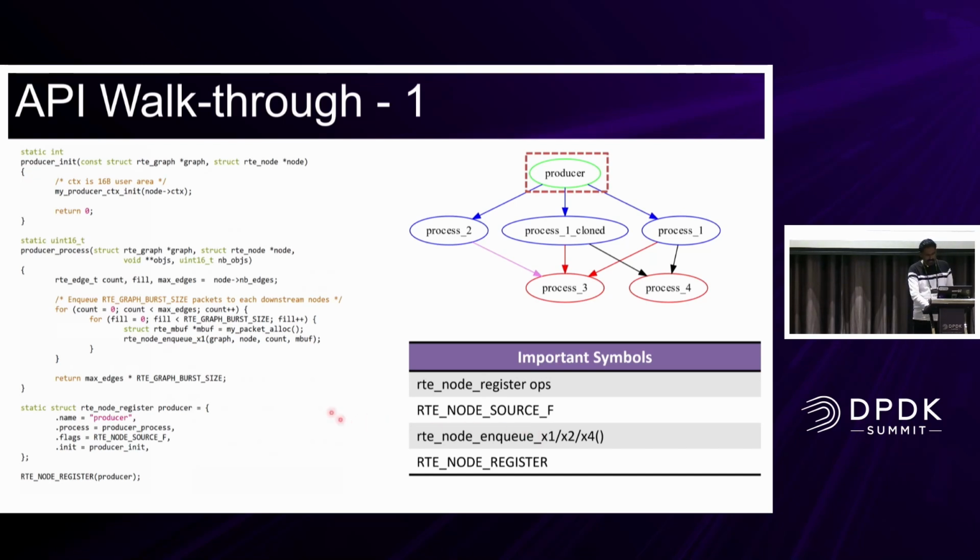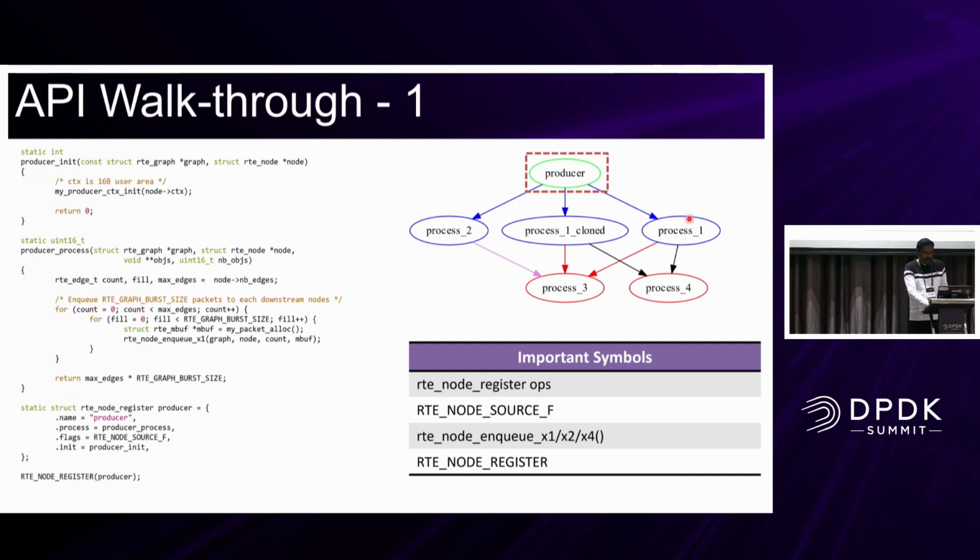These are the APIs to enqueue to the downstream node. If you see this case, I'm just allocating a packet and pushing the mbufs to each node. And I'm just filling 32. The burst size is 256, but it's configurable. I'm pushing 256 here and 256 here, just to make the initial thing ready.